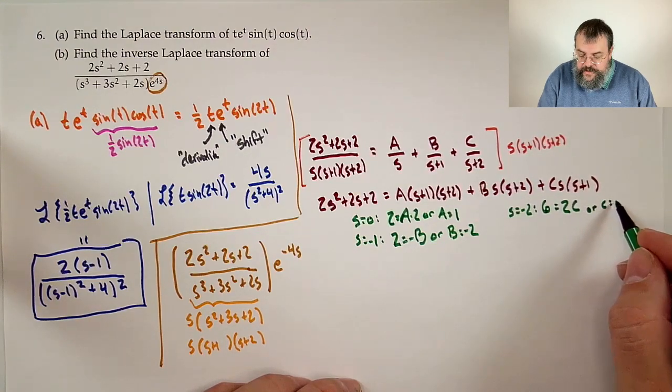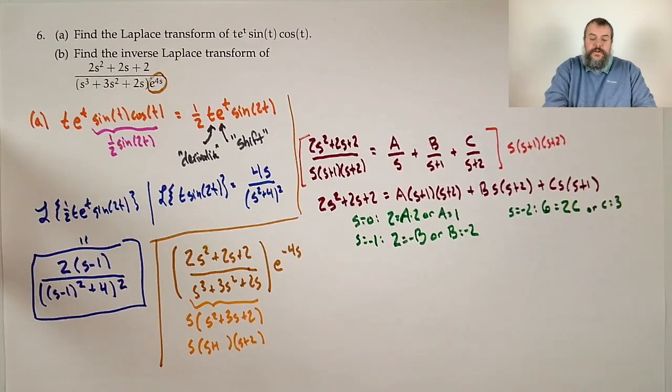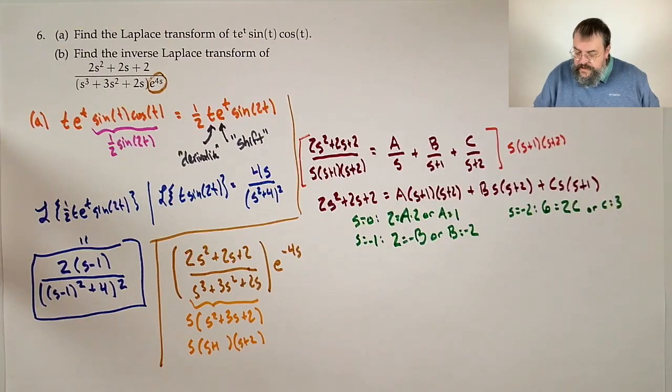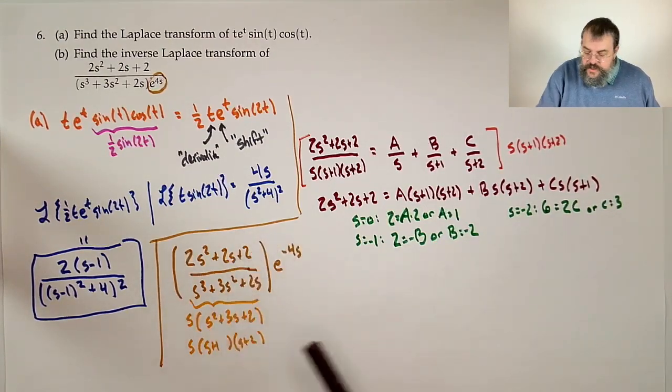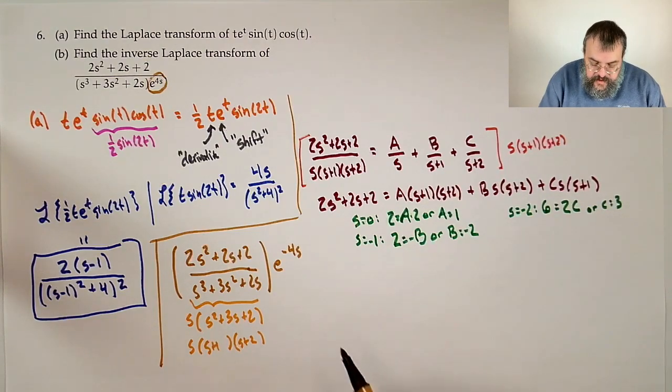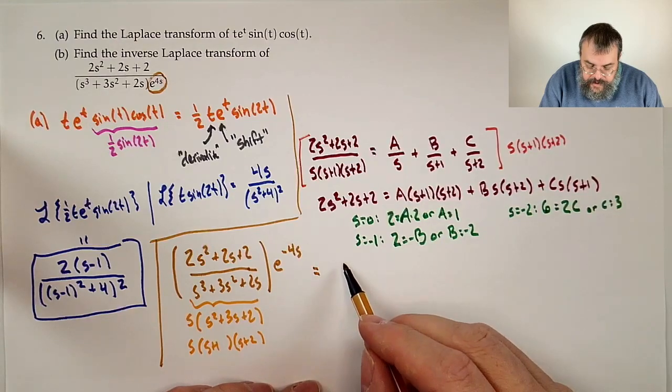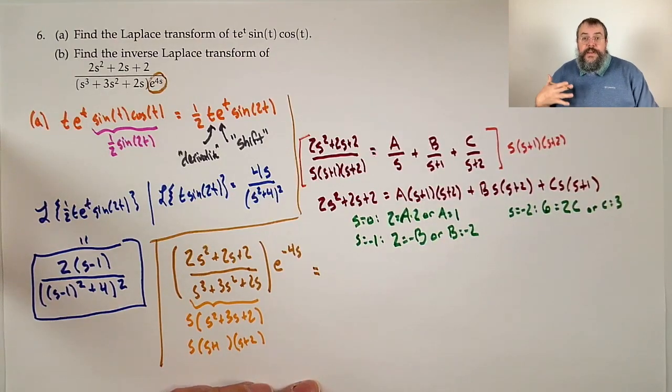c is positive 3. So what we have is that this expression, which is what we're trying to take the inverse Laplace transform of, is the same as, we haven't done any inverse Laplace transform yet. What we've done is get to something which is a little cleaner.